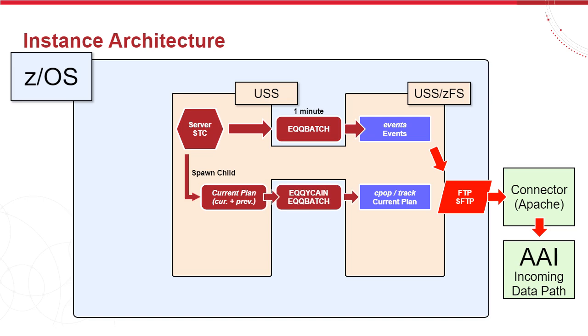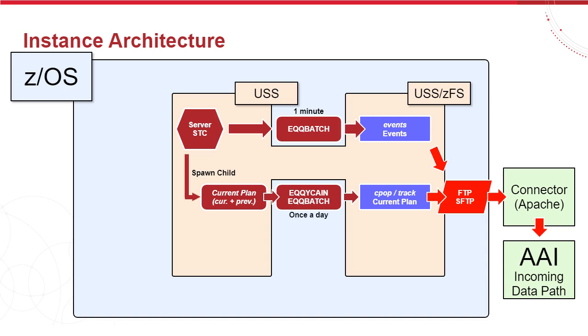The files are called cpop and track for current and previous, respectively. The files are stored on the ZFS file system and sent to the AAI connector over FTP or SFTP. The default execution period is once a day.